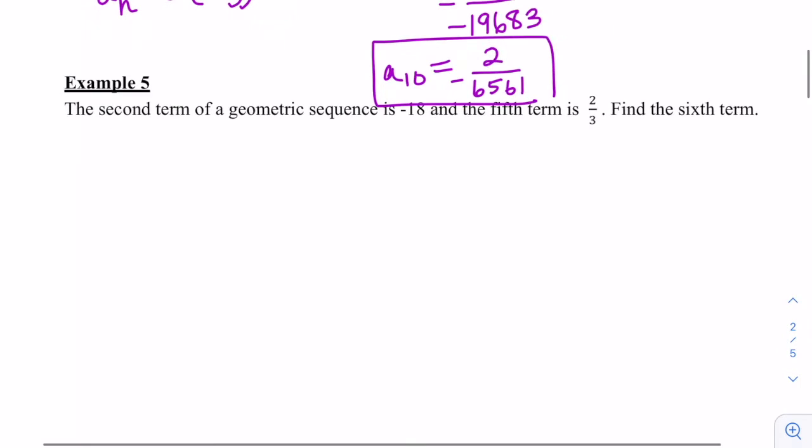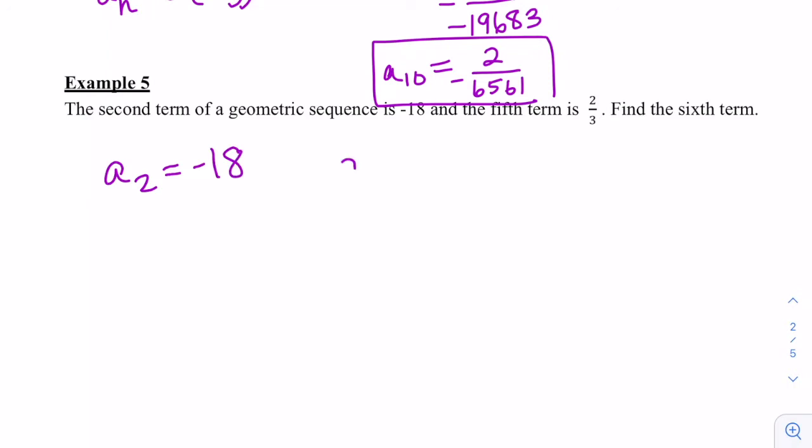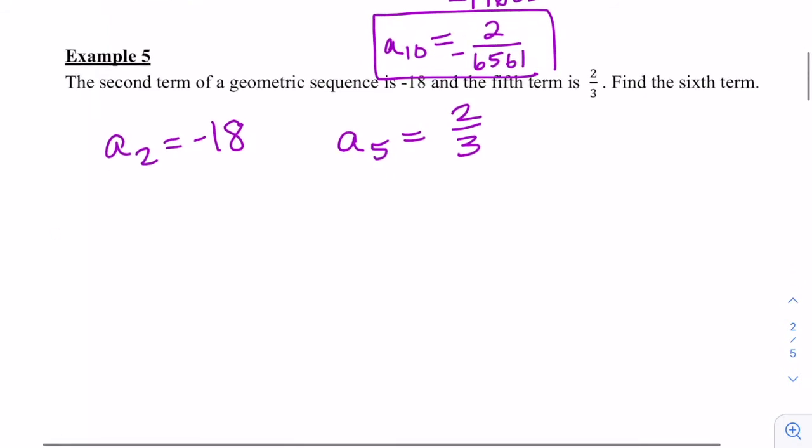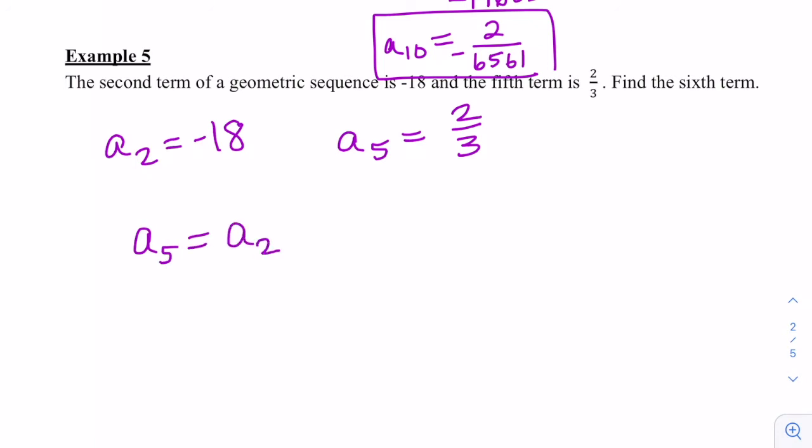For example 5, we're given that the second term is negative 18, and the 5th term is 2/3. We definitely know that there's a relationship between these. To figure out the 5th term from the second term, I would have to raise that ratio to the third, because 5 minus 2 is 3.